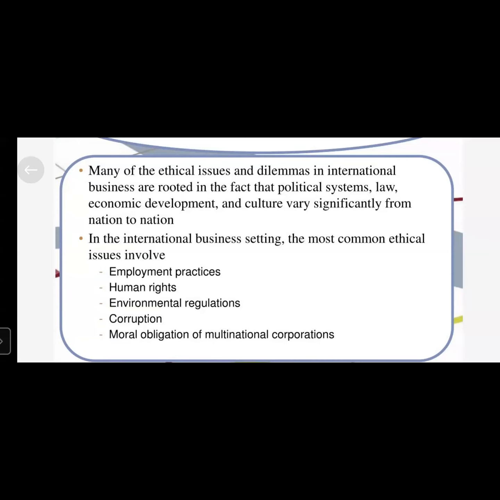But many a times what happens is, some of our fundamental rights are being violated in the company. And if such thing happens, we can say that there is unethical practice going on in the company.